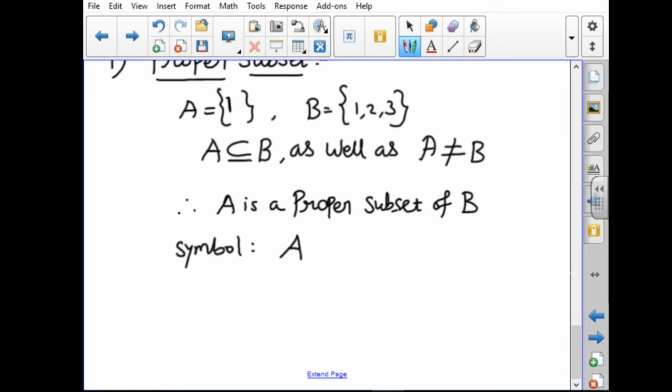A is a proper subset. Proper subset means the line should not be there. A is a proper subset of B.